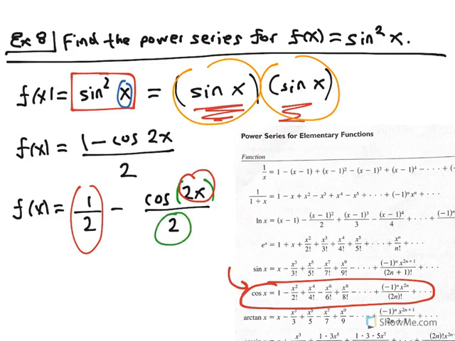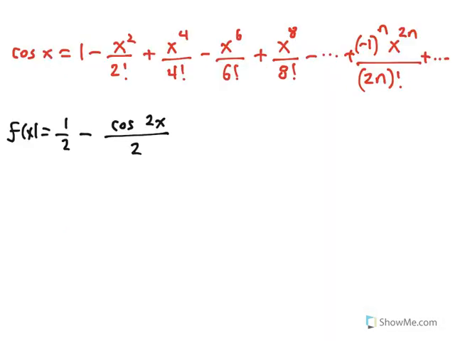And then, of course, we have 1/2 minus that. So let's see how we do that. One thing that I can do is I can rewrite cosine of 2x divided by 2 as 1/2 times cosine of 2x. It's not important. If you prefer to do that, you can. 1/2 times cosine of 2x.